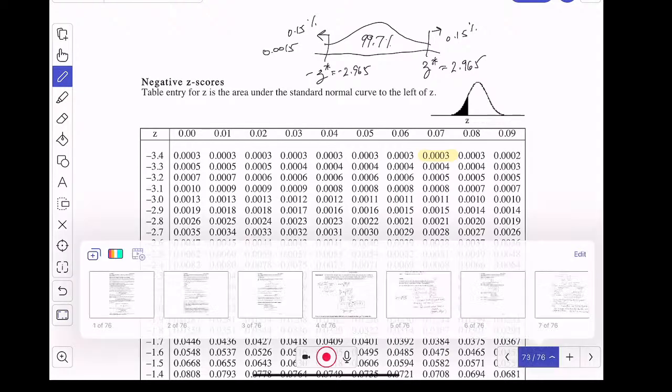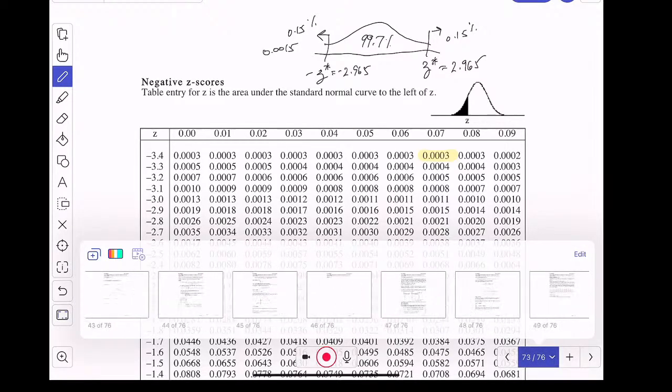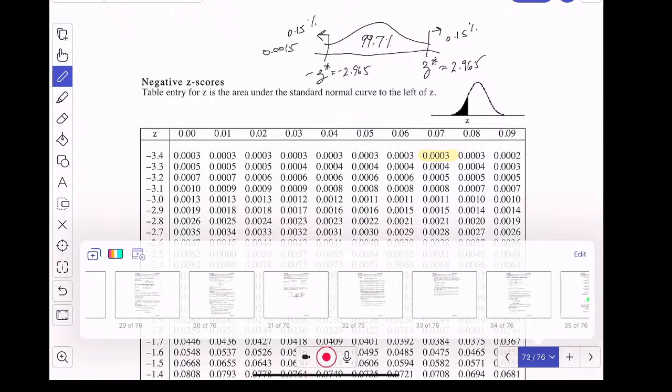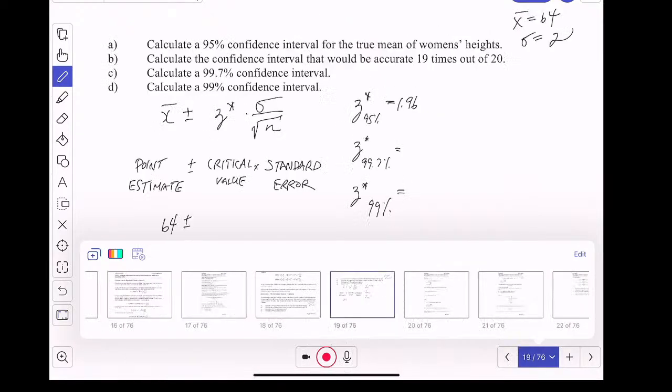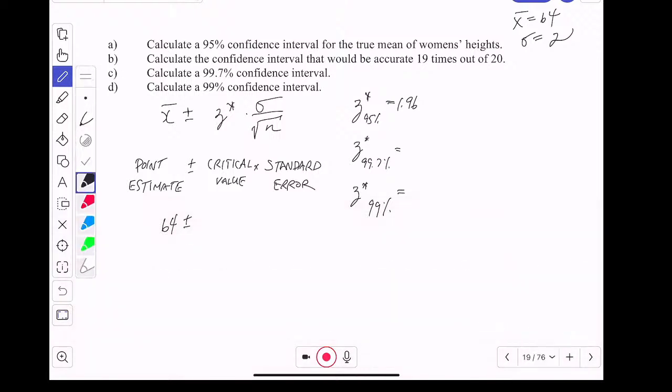So let's put that back onto our document. So this is 2.965, and then 99% I do believe is at the bottom of that table.